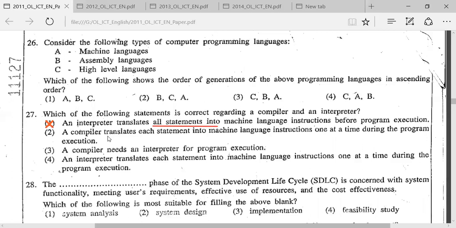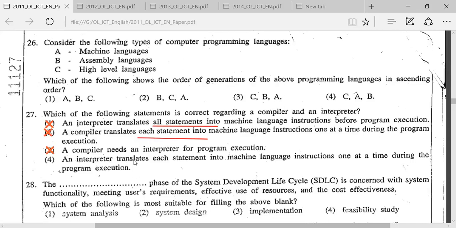A compiler translates each statement into machine language instructions one at a time during the program execution. That is also wrong. A compiler translates the entire program, but here they are saying each statement. A compiler needs an interpreter for program execution. That is also wrong.